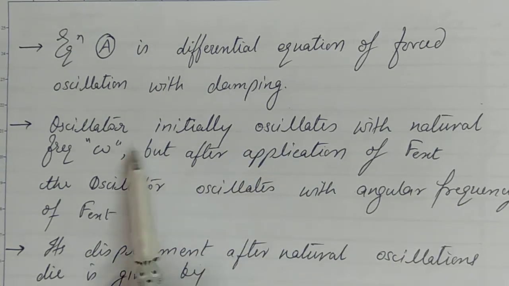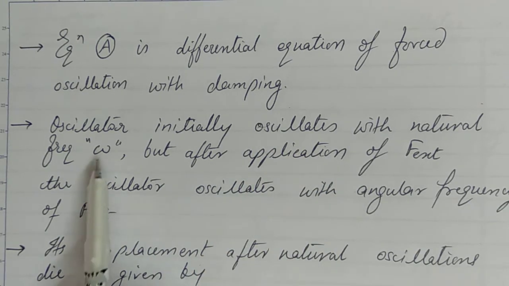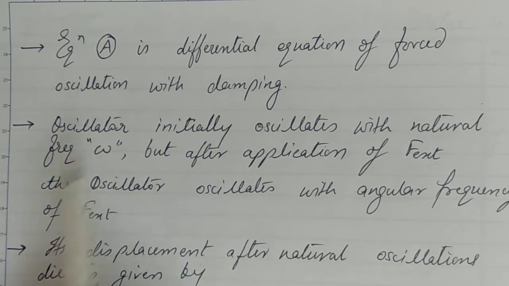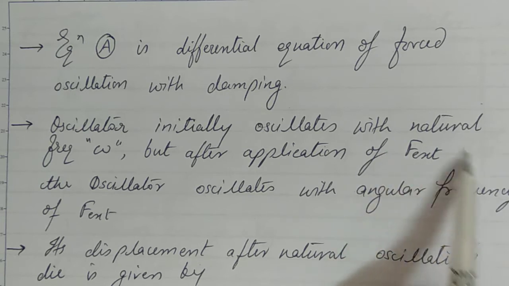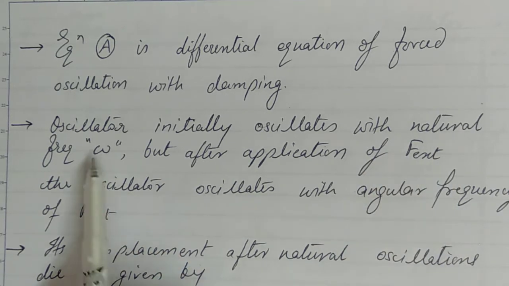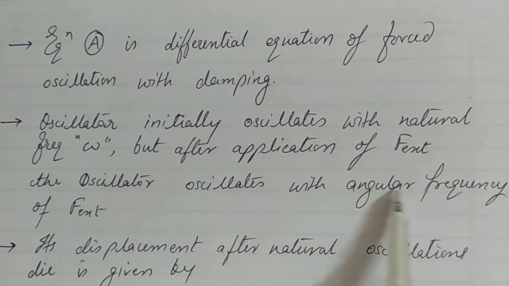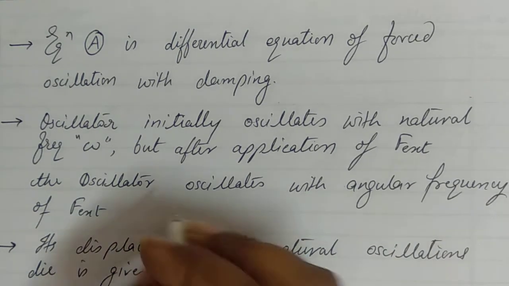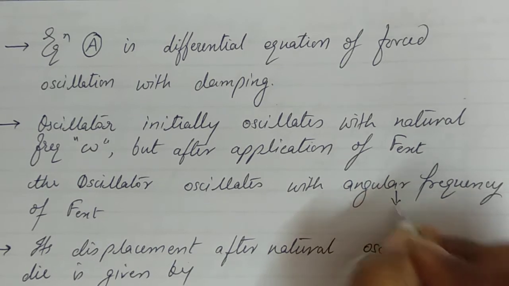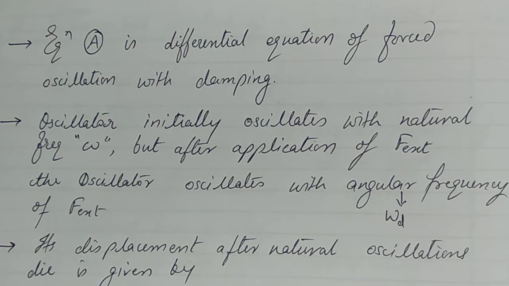Now see, initially the oscillator was oscillating with its natural frequency omega. But as and when we apply the external periodic force, the natural frequency will die out and the oscillator will oscillate with the angular frequency of the external periodic force, which was omega d.